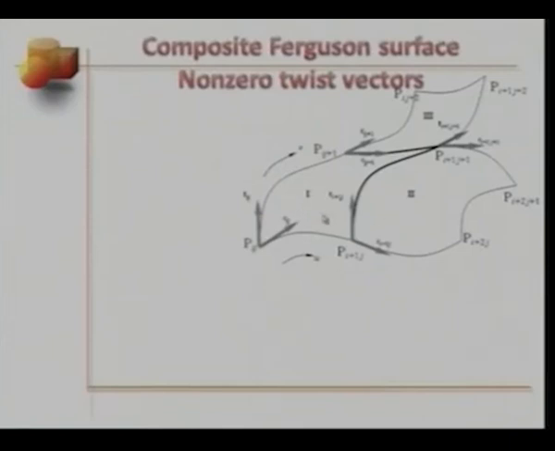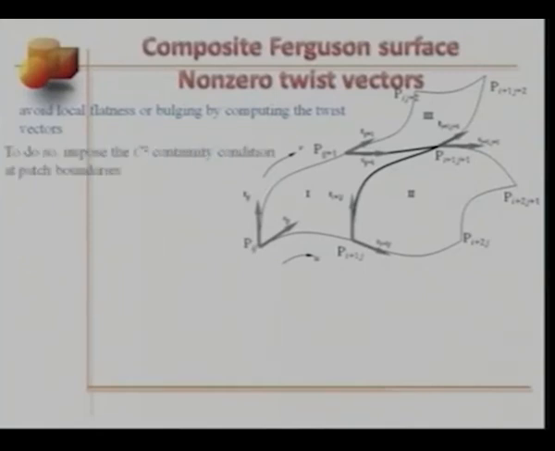So we are working with the same figure here. We can avoid local flatness or bulging by computing the twist vectors as opposed to assuming them to be 0. To do so, we can impose the C2 continuity condition at patch boundaries.